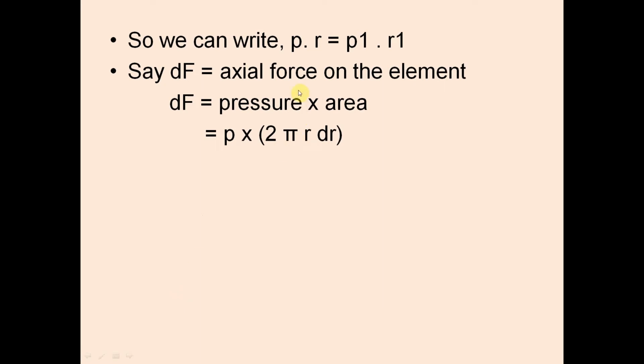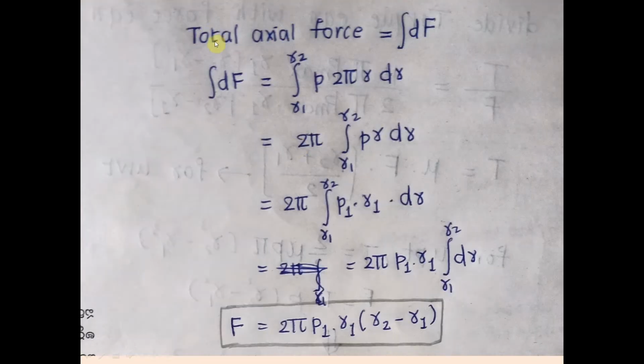So we can write p into r is equal to p1 into r1. Assume df equal to axial force on the element, and df is generally force equal to pressure into area. So we can write pressure is p and area is 2 pi r dr. If we want total axial force, we will integrate df. So integral df is equal to integral p 2 pi r dr from limits r1 to r2.